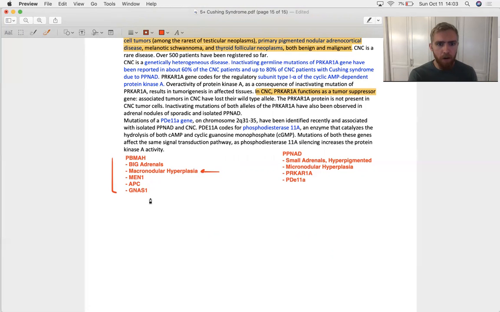And the genes are particularly of importance. In PBMAH, you see MEN1, multiple endocrine neoplasia 1. You see the APC gene mutated. We've seen that with FAP, hereditary colon cancer, and also GNAS1. I like this one a lot. That's a G protein alpha subunit 1. And where have we seen that gene before?